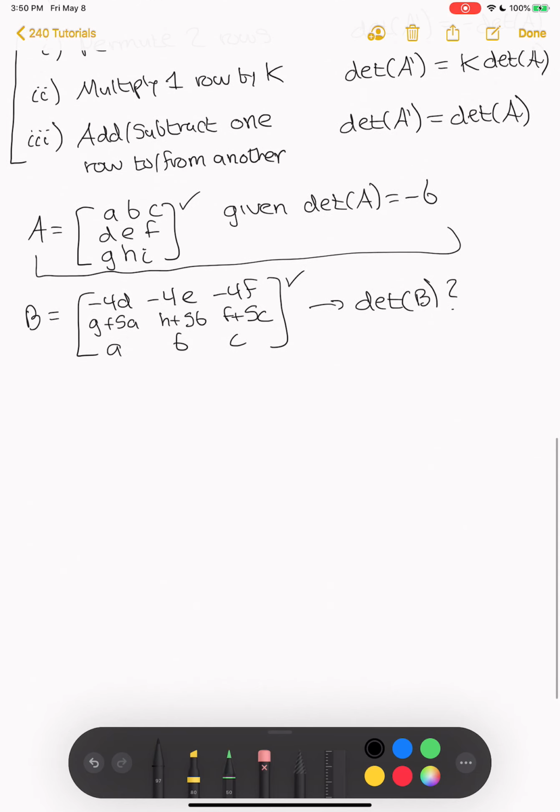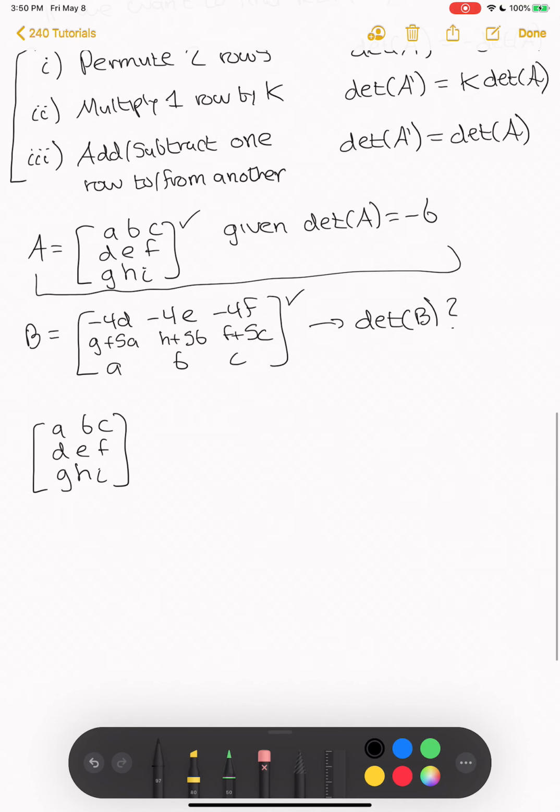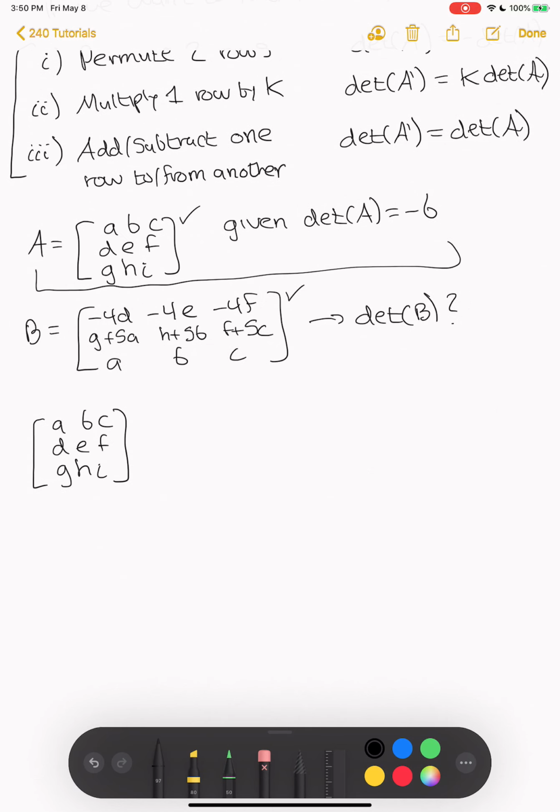So if we have A here, if I want to get B, I have to do some permutations first, right? So some of my rows have shifted around. One of these is that the first and the third row have changed from A to B, right?